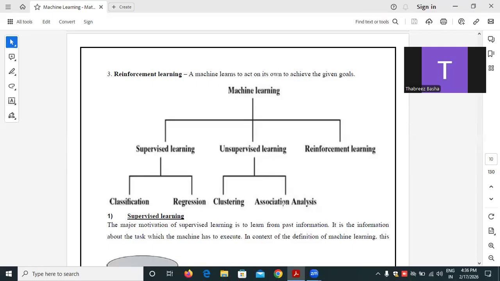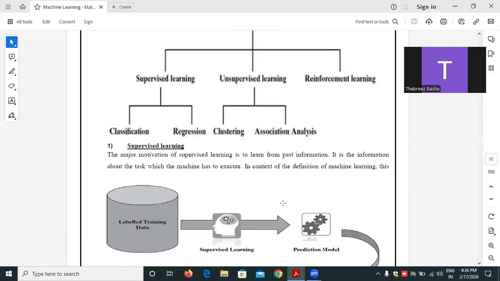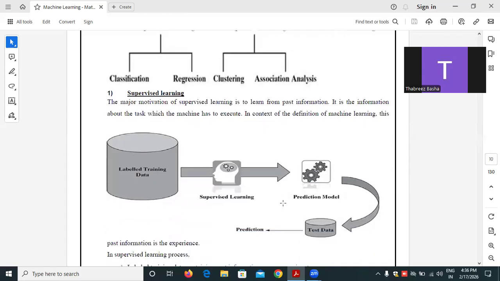Now let us discuss the supervised learning model. In this model, we must verify the diagram. As I already told you, supervised learning means labeled or training data. This is the input data. Supervised learning works based on given data instructions.